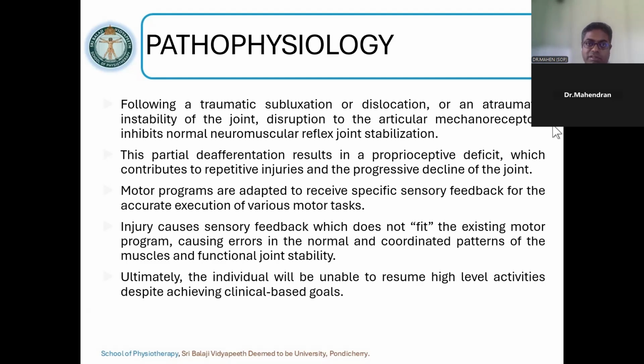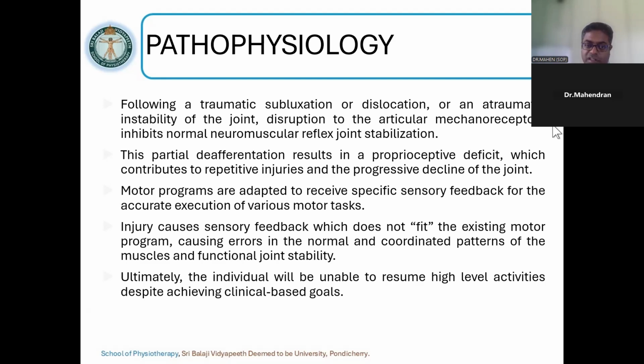Joint stabilization is one of the important parameters, and it is maintained by the reflex mechanism. So in case of injury to the proprioceptors, this reflex mechanism will be damaged or malfunction. By using the RNT technique, this reflexive mechanism could be restored properly.